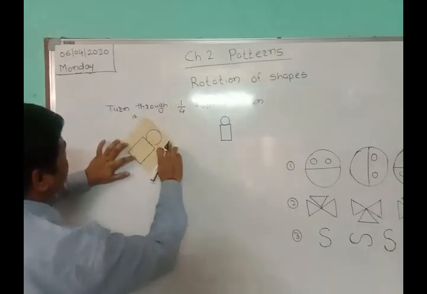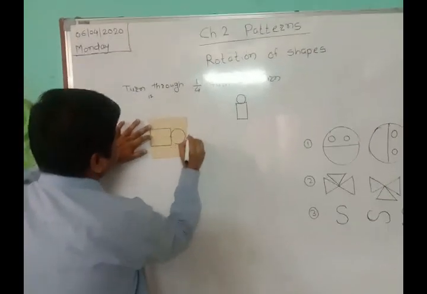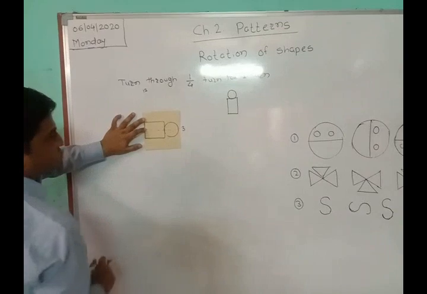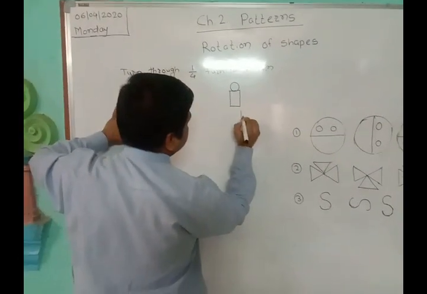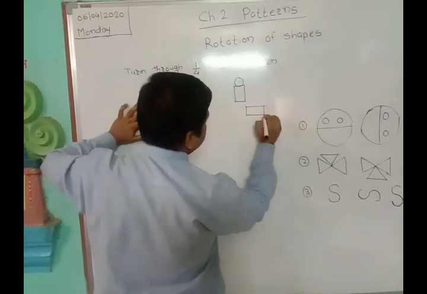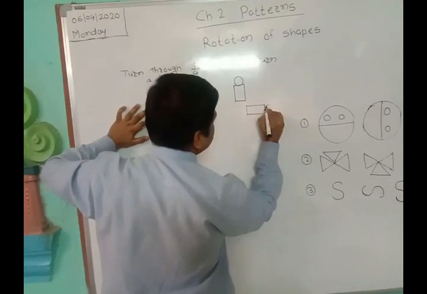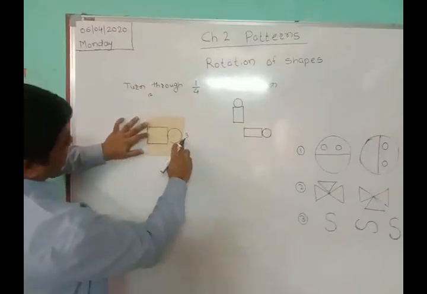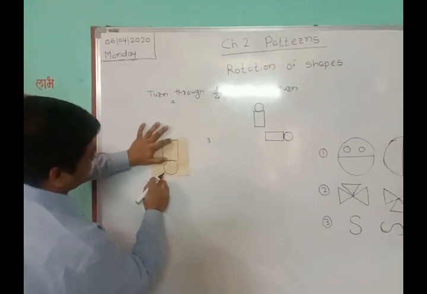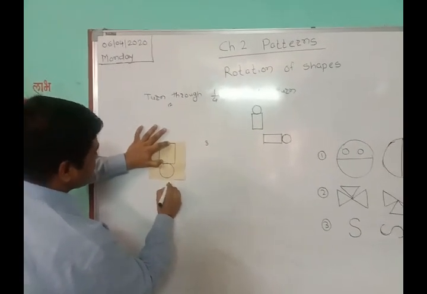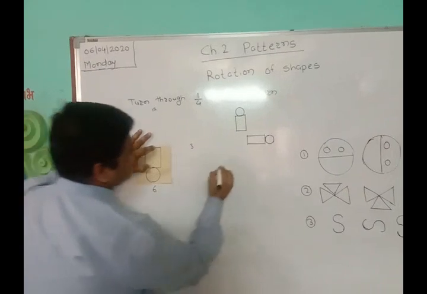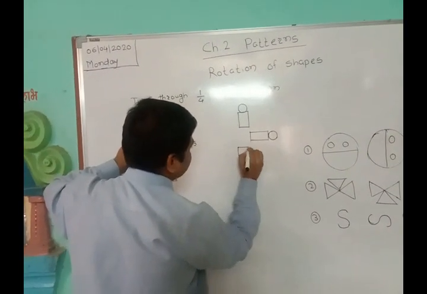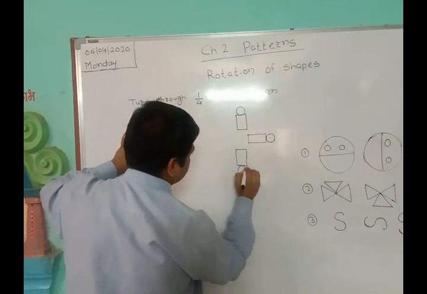Now if I turn it to 90 degree, 1/4 of a rotation, your circle will be on the right hand side and rectangle will be on the left hand side. Now if I turn again for a next turn of 90 degrees, now rectangle will be on the top and circle will be on the bottom.